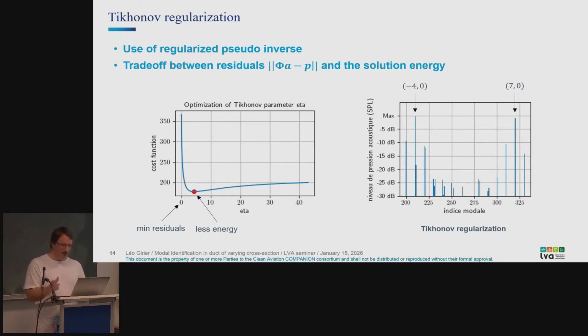Okay, so now that we've seen all that, by comparing the classic duct modes and the slowly varying modes, then explaining how the inverse problem goes, you can understand that there is something happening with the low order modes that we do not identify very correctly, or not as easily as the other modes.